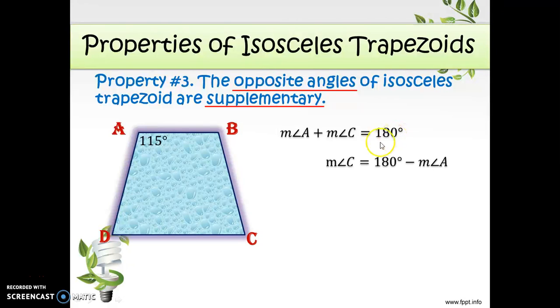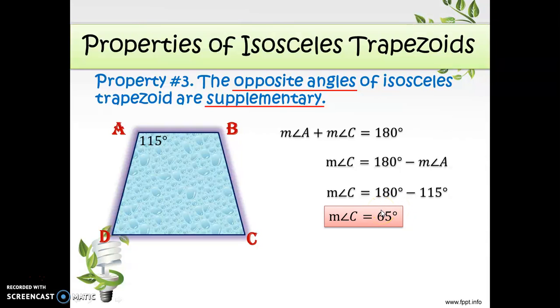So, by algebraic manipulation, the measure of angle C is equal to 180 degrees minus the measure of angle A. By substitution, angle A equals 115 degrees, so by subtracting, we have 65 degrees.